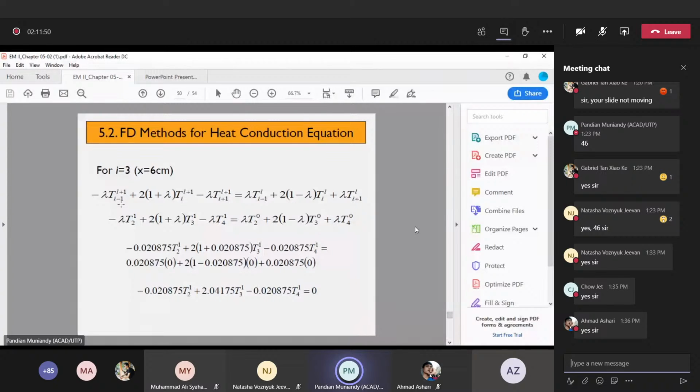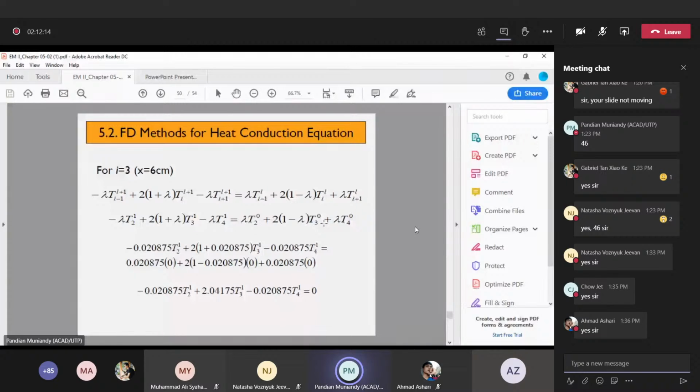I3, L still 0. So you have minus lambda T2 plus 2, 1 plus lambda I3, T3 minus lambda I3 plus 1, T4 equals to lambda T3 minus 1, 2 plus 2, 1 minus lambda I3, T3, and then I plus 1, T4.